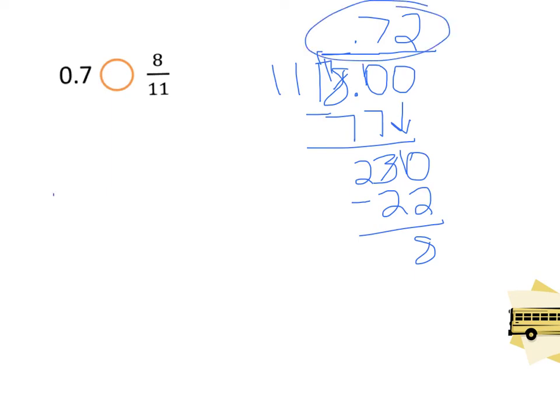If I look, I'm comparing 0.7 to 8/11, which is 0.72. If I stop there, I can already tell which number is bigger. In this case, 0.72 is greater than 0.7. So my answer would be 0.7 is less than 8/11.